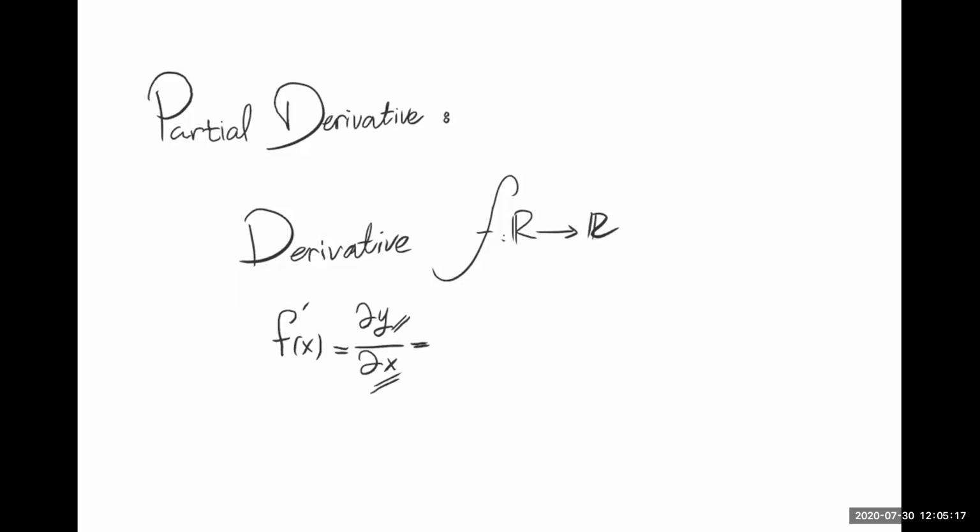If you remember the accurate definition, the derivative at the point x is equal to the limit of f of x plus, say, epsilon minus f of x over epsilon when epsilon goes to 0. That's the derivative of a function. That's the way to compute or to define the derivative of a function.